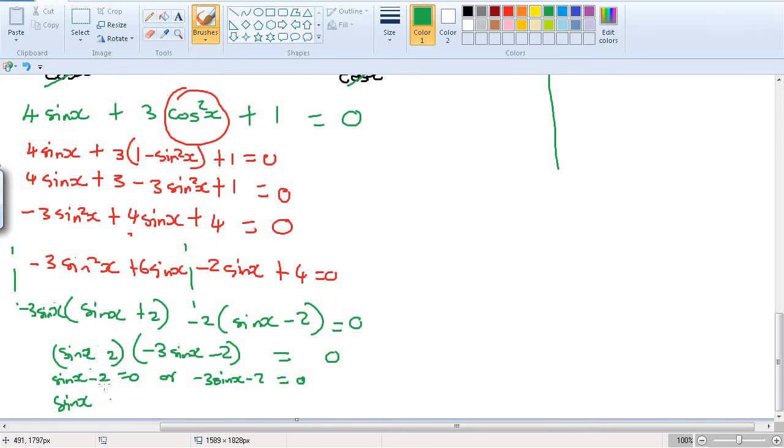So if we move the minus 2 over, it then becomes sin x is equal to 2. Either way, this is not defined because sin x is not defined for any values higher than 1. And then here, if we move the 2 to the other side, we remain with sin x is equal to minus 2 over 3, which is what we are required to show.